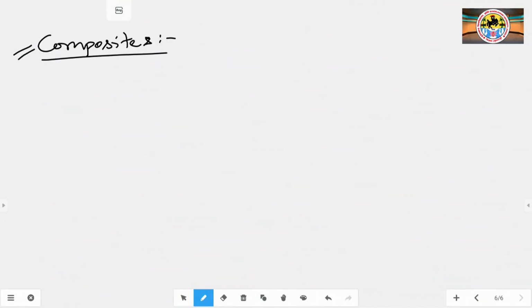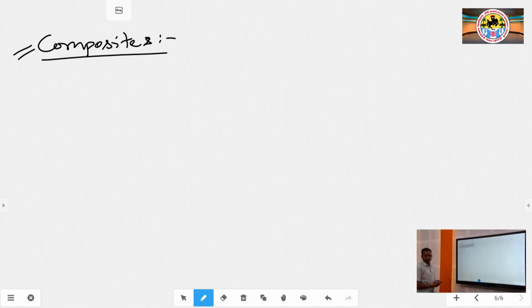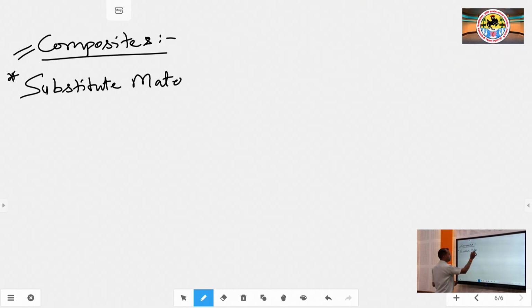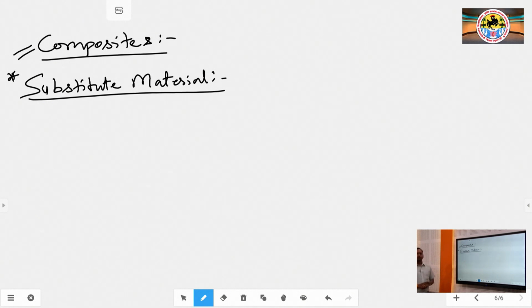Before moving on to the next part, we also have various substitute materials. Like conventional materials, we have iron, steel, plastics.